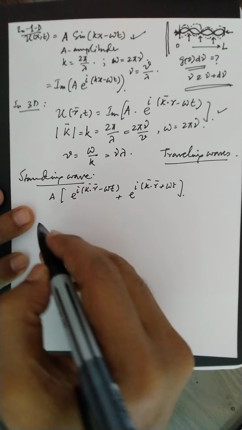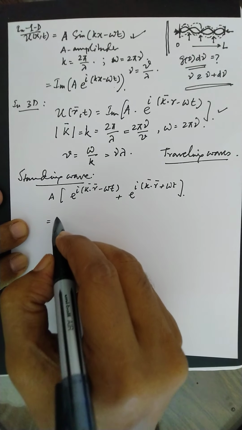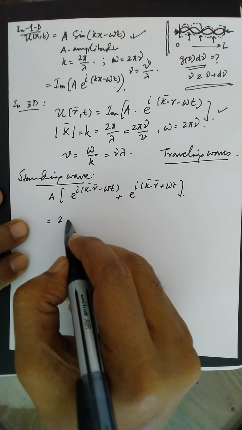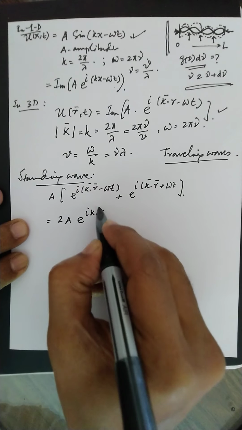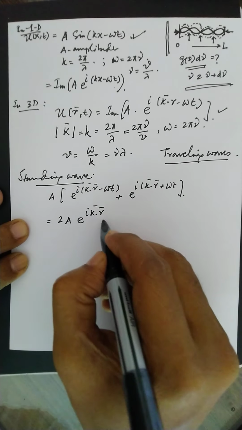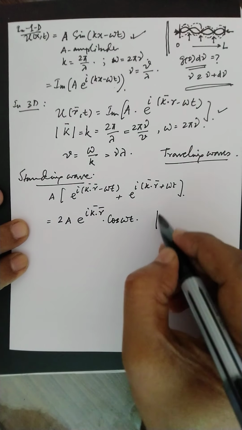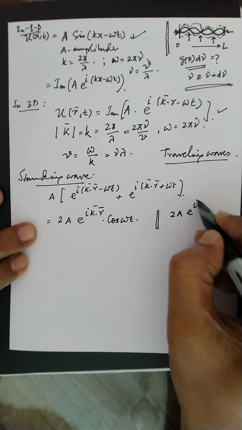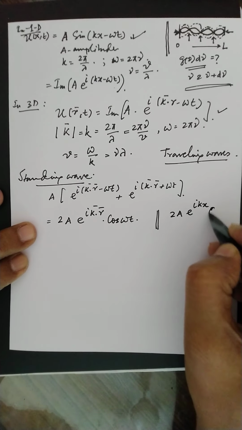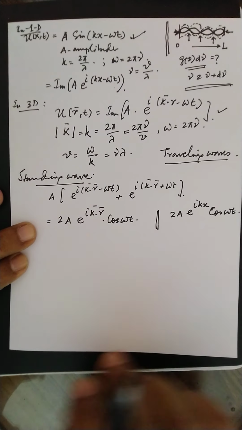So in general the standing wave can be represented as twice a e to the power i k dot r and then cos omega t. In one dimension, it is 2a e to the power ikx cos omega t.